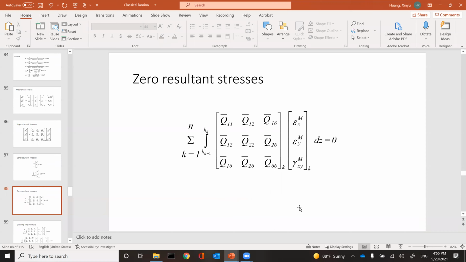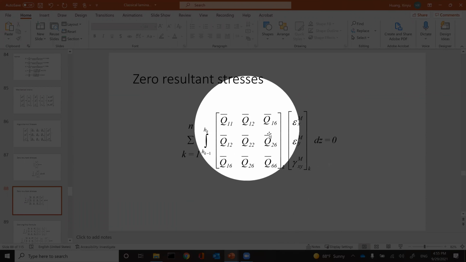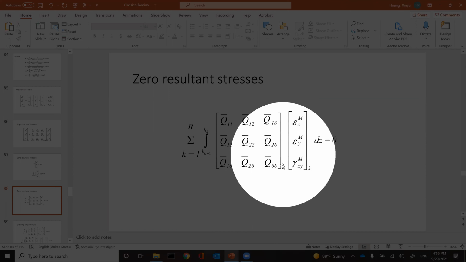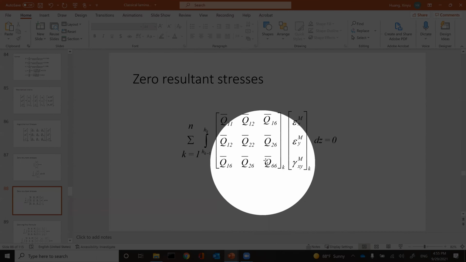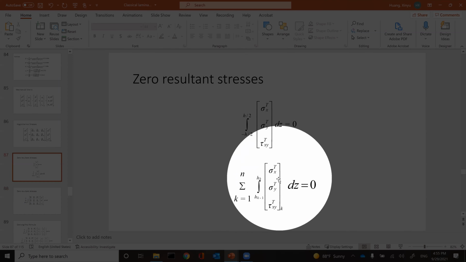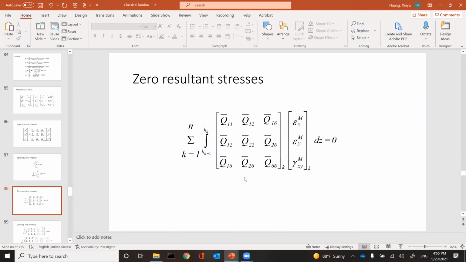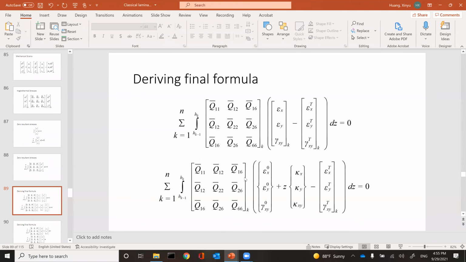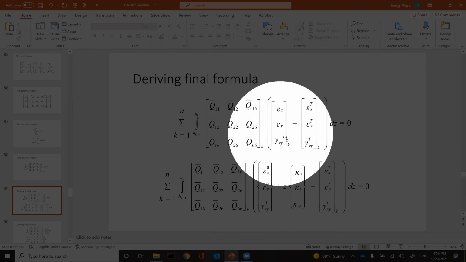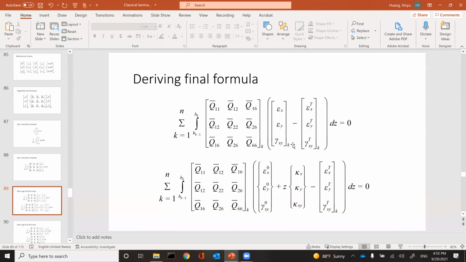All right, then you can integrate. This is similar to the derivation of the A matrix. You basically sum. This is the same as this. We just plug in the Q matrix into them, and you have this. All right, Q multiplied by epsilon m.